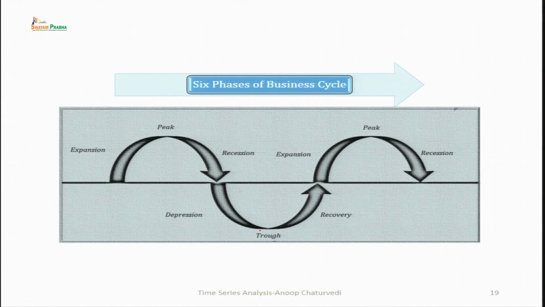So, this is the period of depression. Then ultimately it reaches its minimum, the trough. Then again it starts recovering. So, things start increasing, and after reaching this normal value, the expansion period starts. So, again it reaches peak and then you get recession, etc.